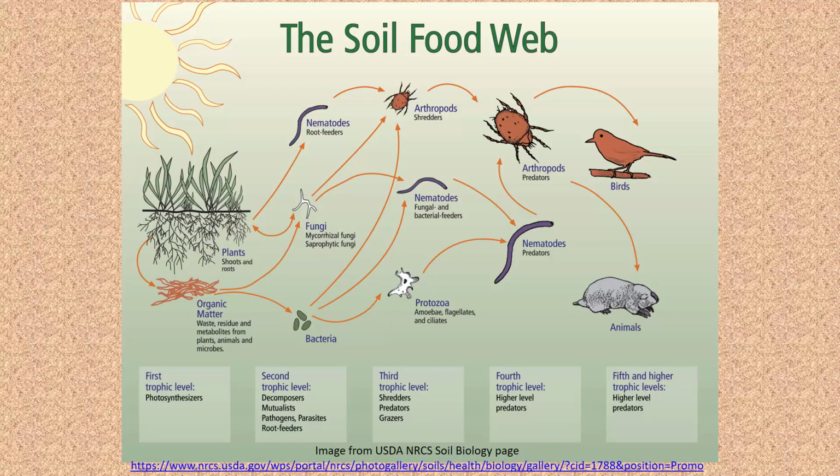This is an example of the soil food web. You may have seen this before somewhere else. So you can see here we have plants that are growing in the soil, and then they use the energy from the sun to take carbon, carbon dioxide from the air, and they produce sugars that make up the plant material, and then that's the basis for all of these other life forms.